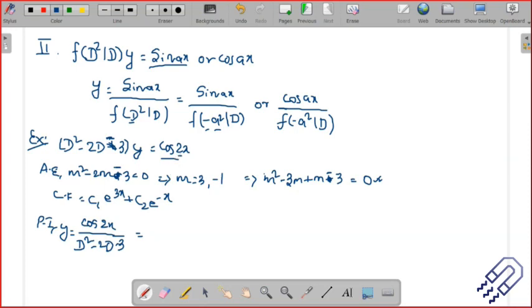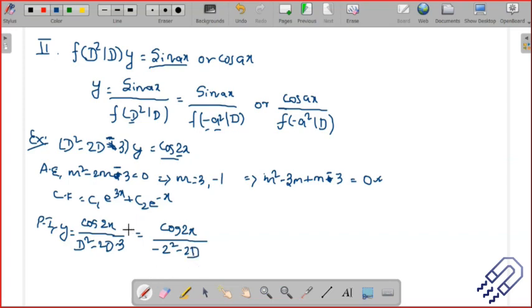What is my a? My a is 2, since it is cos of ax. So I'm going to write cos of 2x divided by minus 2 square. In place of D, I'm going to write a, that is 2, and put a minus sign there. Don't miss out that minus sign.